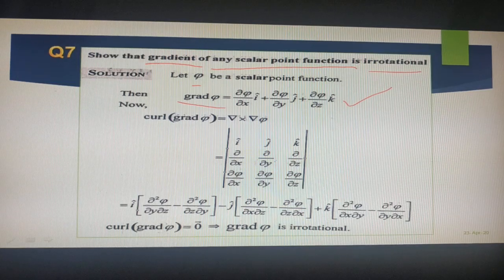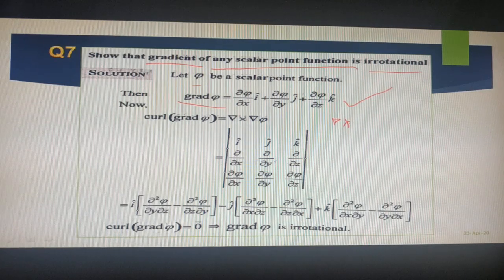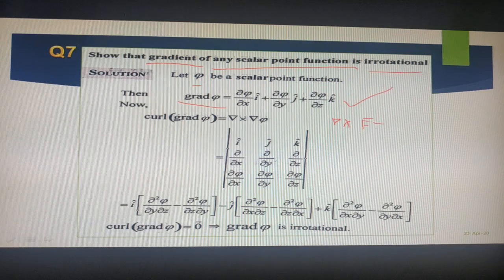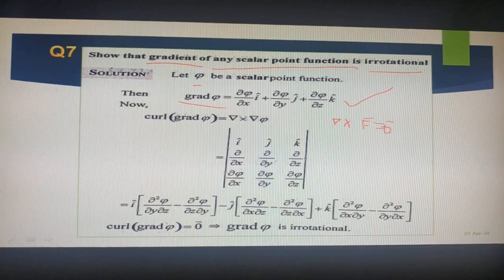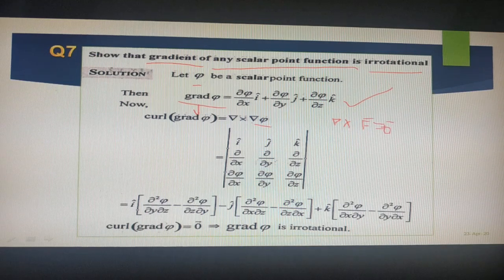When can I say some vector field is irrotational? When I take the cross product with the del operator, del cross f bar, if it is equal to 0, then I can say that it is irrotational. So this f bar is nothing but grad pi here. So curl of grad pi is nothing but del cross grad pi. We already know how to find this del cross f bar.